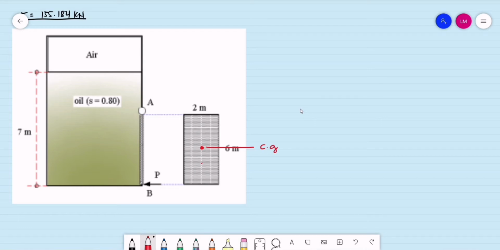Alam natin na yung point of action ng total force will be on the center of pressure. So, i-assume natin na dito nag-act yung total force exerted by the oil. So, hinahanap lang natin yung distance na to. Yung point A sa figure natin is yung upper edge ng gate.